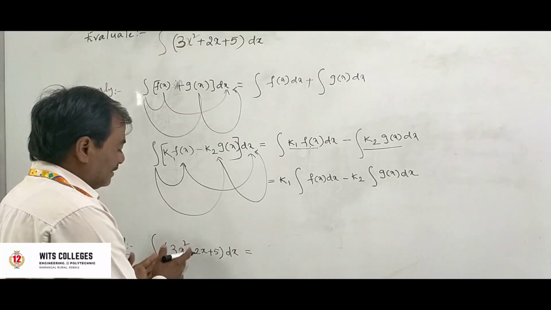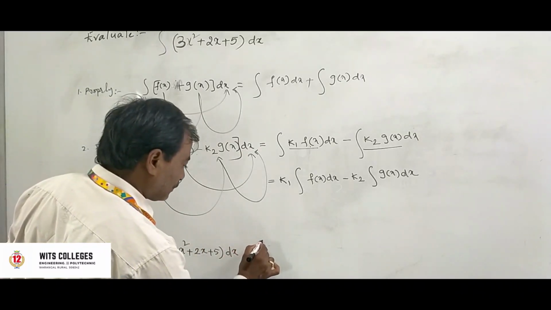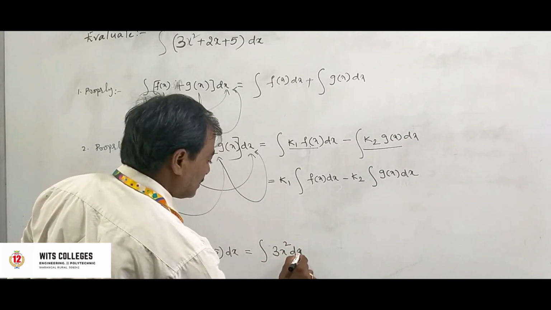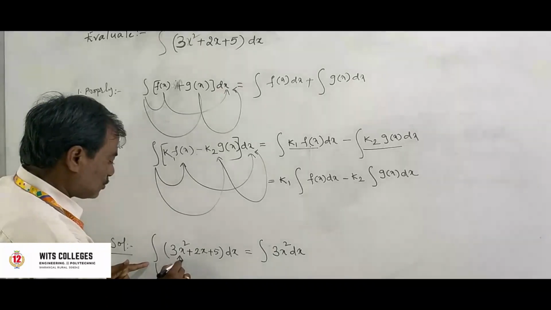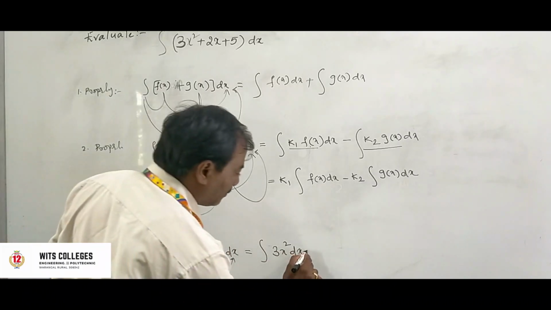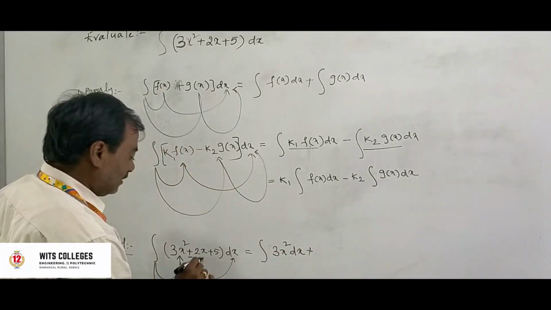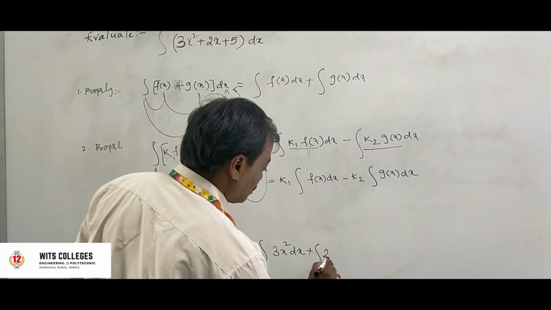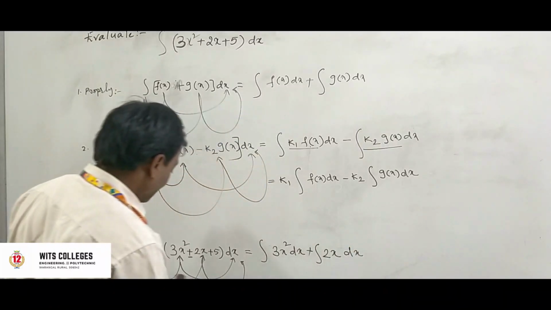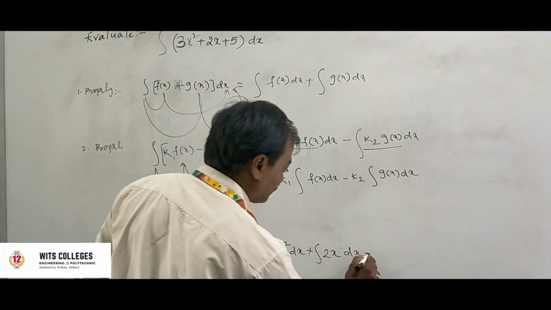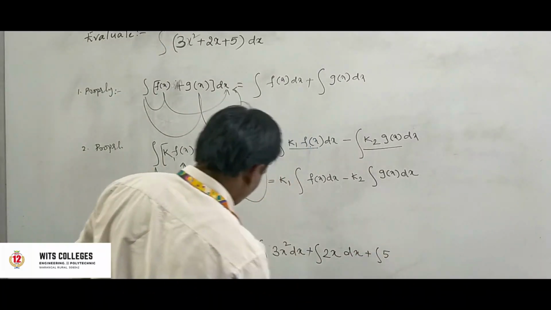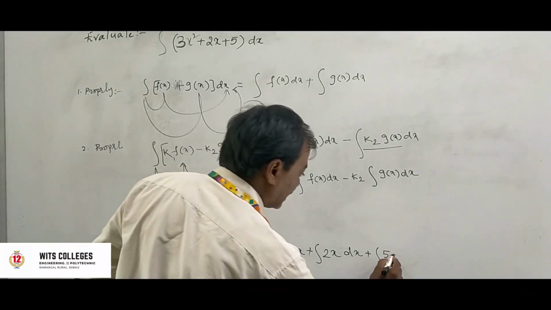First we write this integral in this form: integral 3x square dx, this is the first function, plus integral 2x dx, plus integral 5 dx.